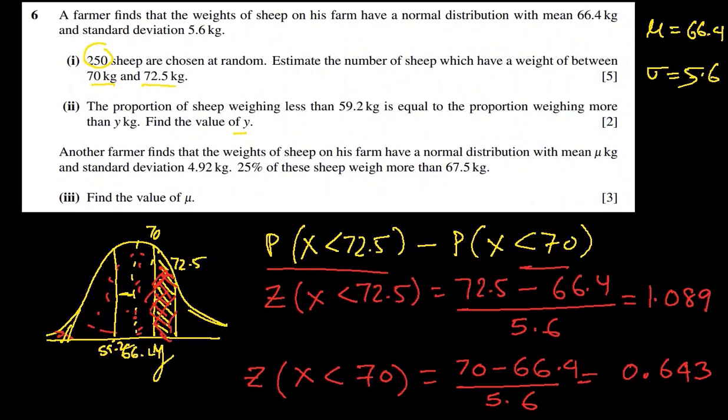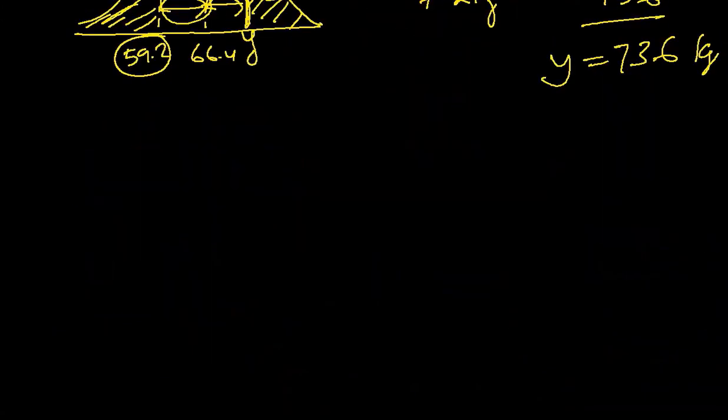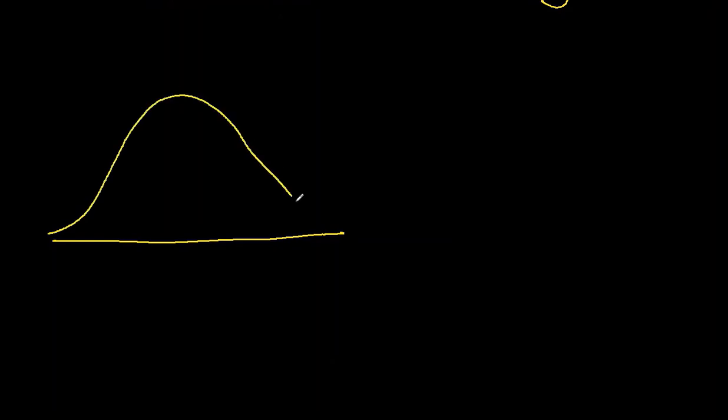Another farmer finds that the weights of sheep on his farm have a normal distribution with mean mu kg and standard deviation 4.92. 25% of these sheep weigh more than 67.5. Let's try to redraw this. Here, this is the normal distribution graph. Mean we don't know.